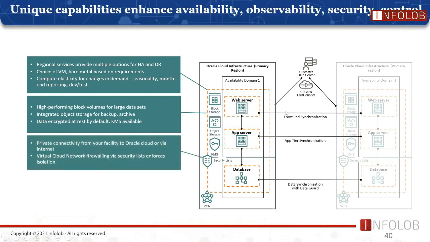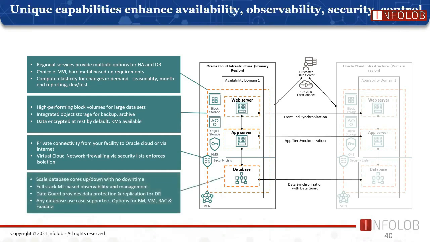Now, from the observability or security point of view, VCN is a virtual cloud network, and we have firewalls, or security rules as we call them, and we can have private subnet and public subnet concepts, and a dedicated connection between your on-premise and OCI via Megaport and all that Mark has mentioned.